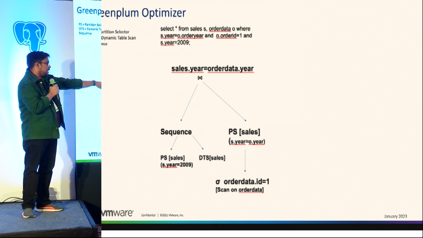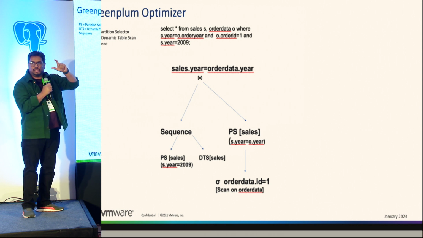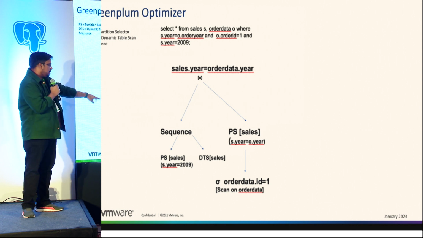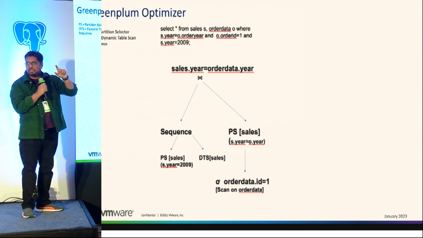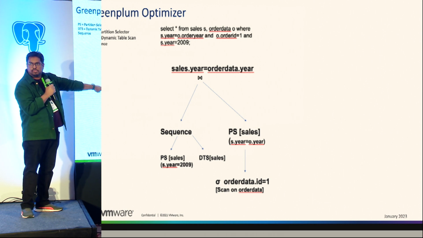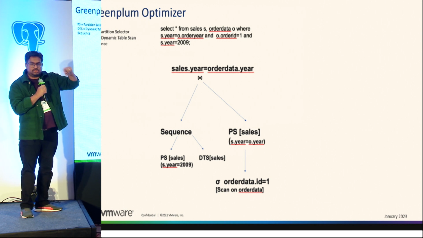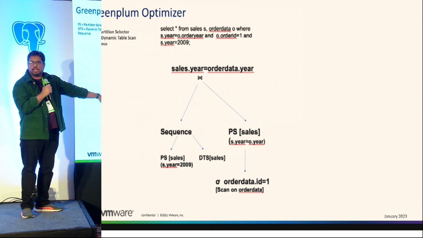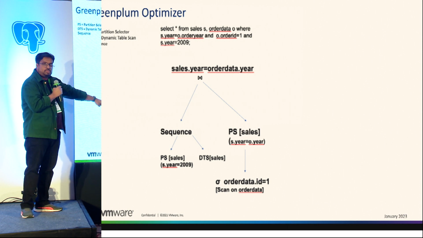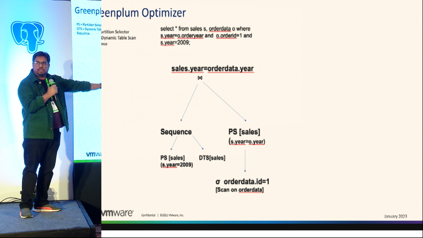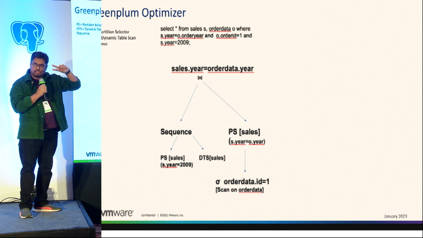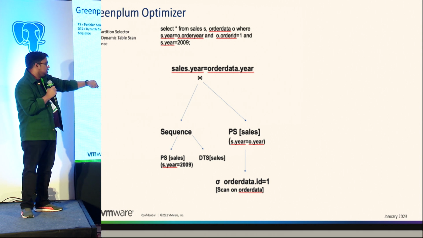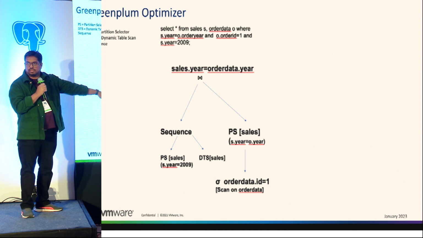The partition scan here provides a certain list of partitions. The partition scan here also provides a certain list of partitions. So the hash table now has a combination of both of these scans, and the one that has an overlap, right? So scans that catch partitions from here, and a union which gives both the partitions, is now fed to your DTS.